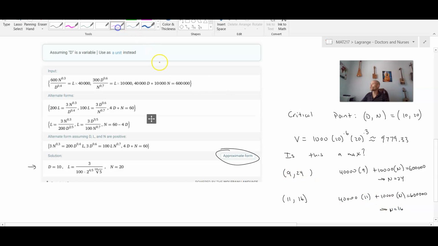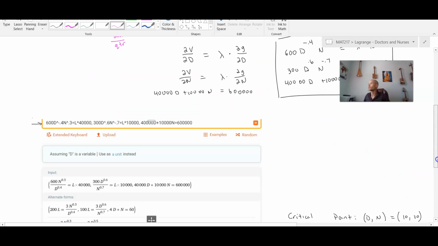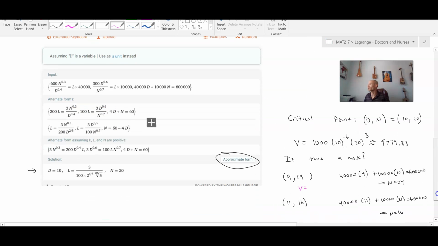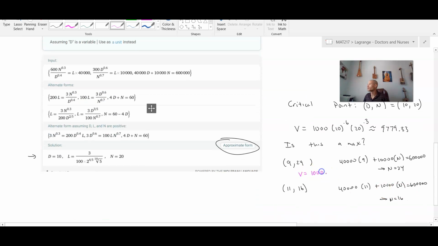So what we want to check at these 2 points is the number of visits. If I have 9 doctors and 24 nurses, the number of visits will be 1,000 times 9 to the 0.6, 24 to the 0.3, and all I'm looking for here is to see that it's less than the total number of visits I would get if I hired the optimal number of doctors.